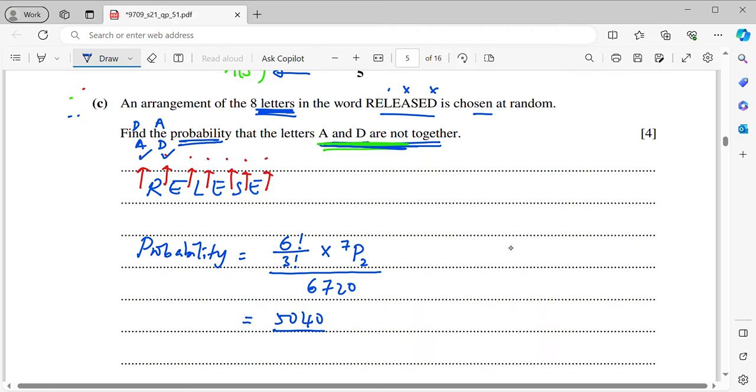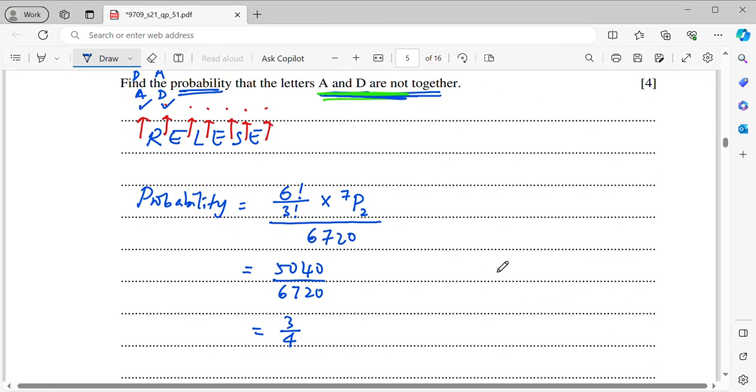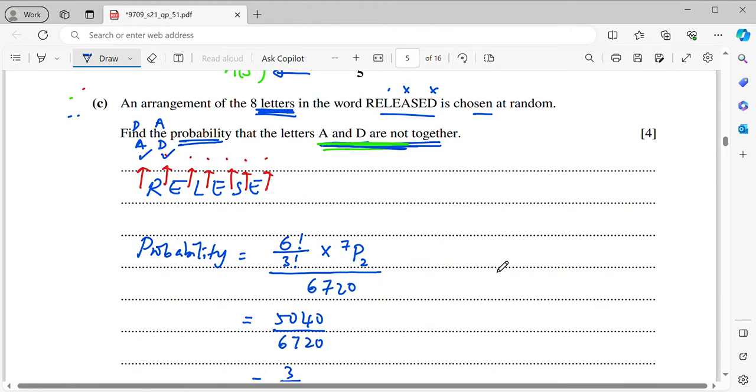The denominator remains 6720. At last, you will get 3/4, or 0.75, as the probability for part C.